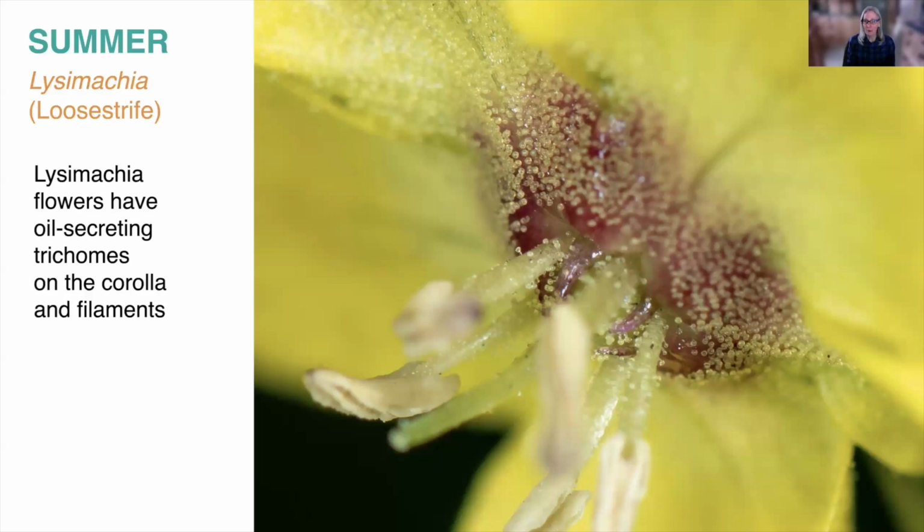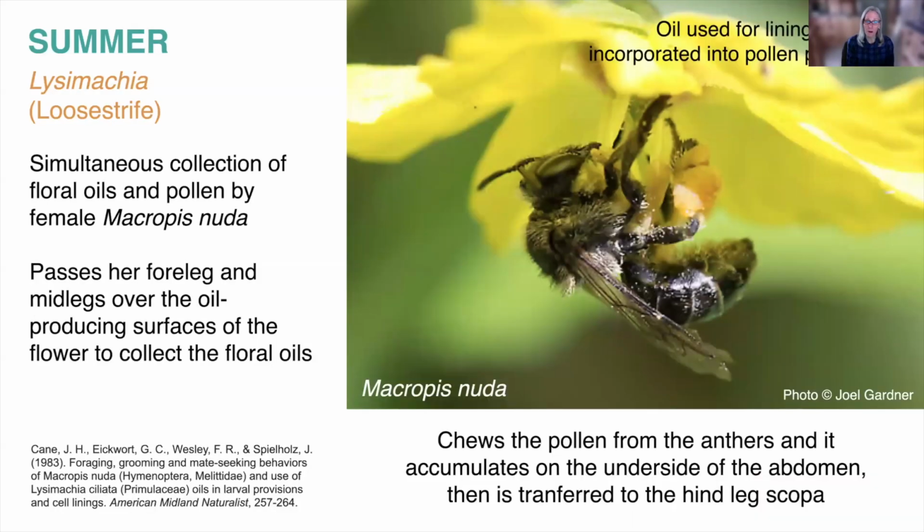And the flowers are actually nectarless. So in lieu of producing nectar, the flowering plants are producing this floral oil. And the Macropis bees are utilizing this oil to both line their nest and mix in with the pollen provisions that they feed their offspring.